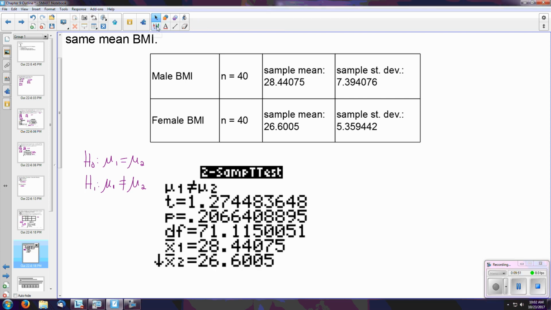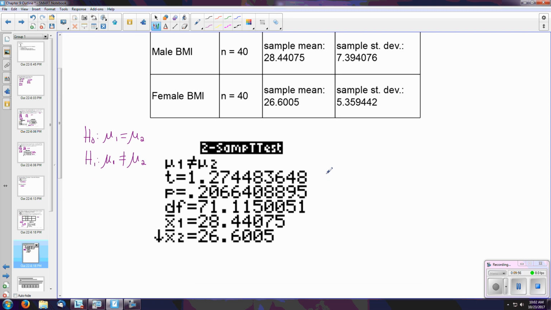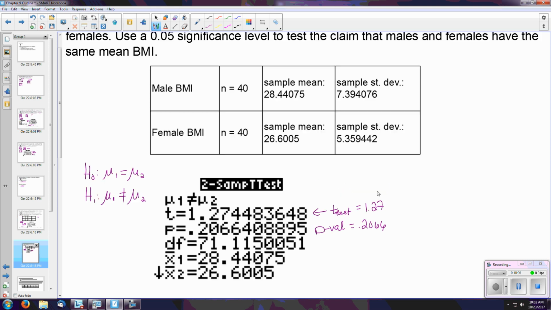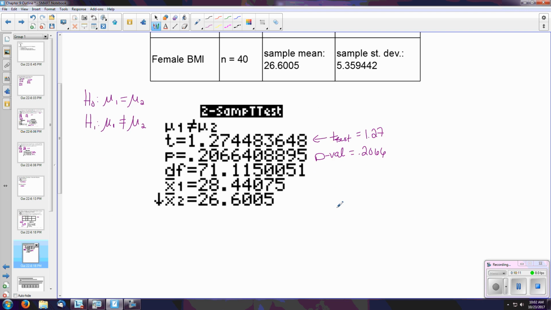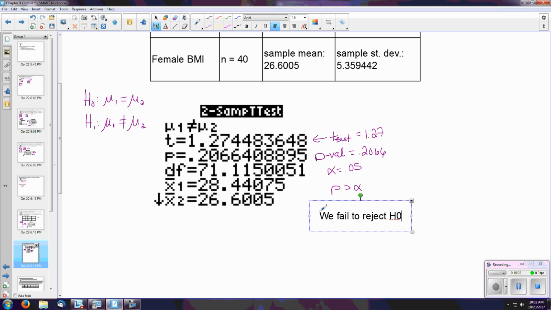So now that we've gone back in and fixed our typo, we can see we have a much more reasonable t-score. So our t-test statistic is equal to 1.27, which really isn't that far out, and we have a p-value of 0.2066. Compared to our significance level of 0.05, we can say our p-value is greater than alpha, which means that we fail to reject the null hypothesis.